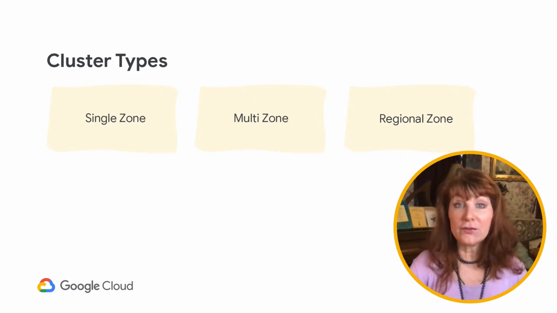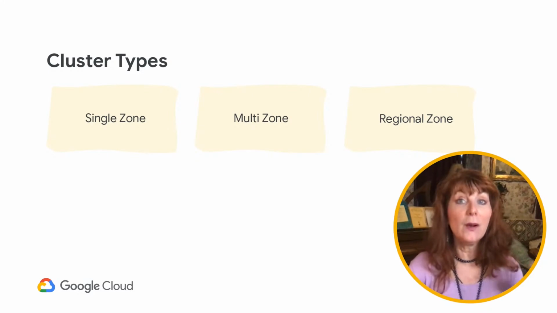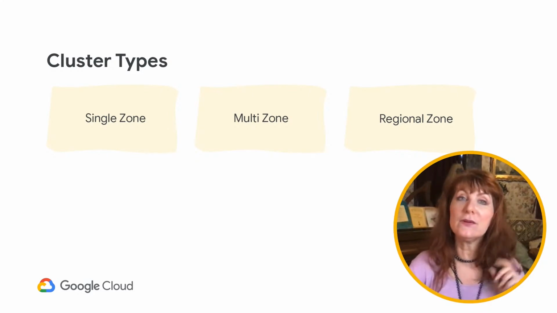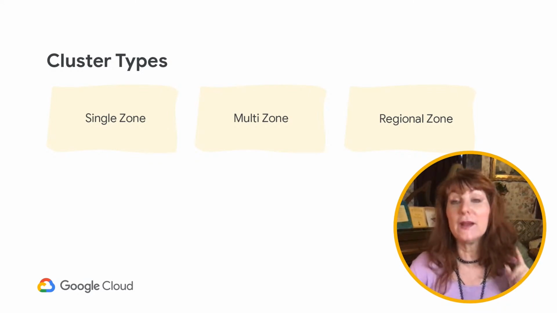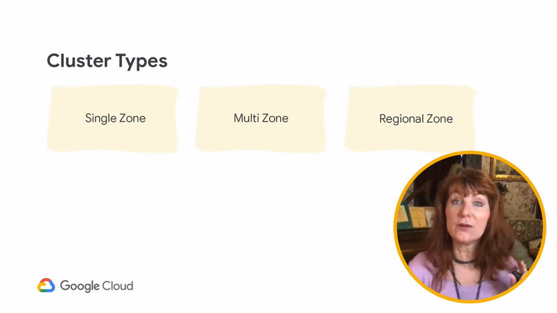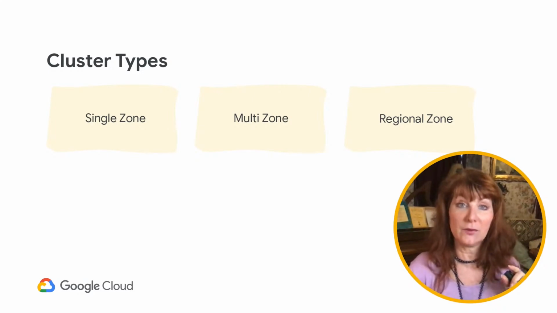You do have a choice of creating single zone, multi-zone, or regional clusters. Now remember, a single zone cluster has a single control plane master running in one zone. This control plane manages the workloads on nodes running in that same zone.